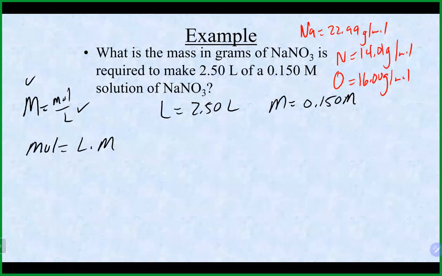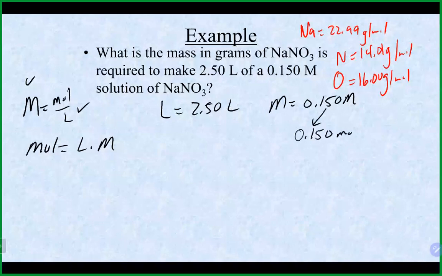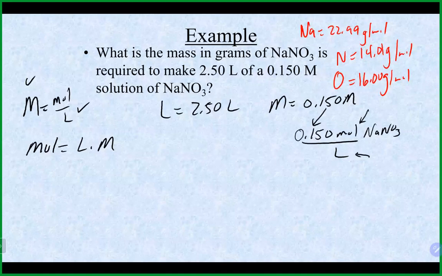We also, as we talked about, want to get rid of the big M and take a more dimensional analysis approach to this calculation. So here, that would mean we have 0.150 moles per liter of our sodium nitrate. Once again, that allows us to see both of the units so we don't forget about it.